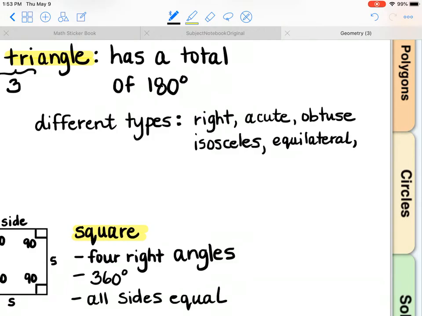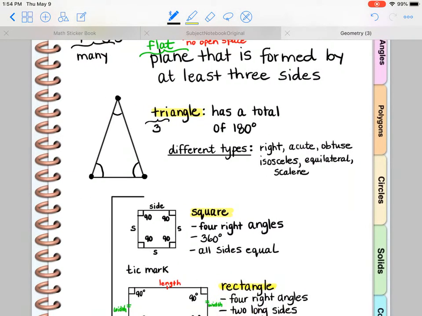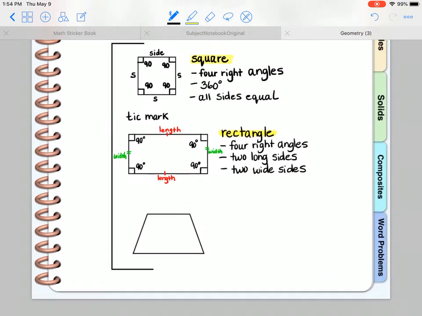And then scalene means that no sides are equal. Again, I'm not going to belabor this point, but I do want you to know that there are different types of triangles. And just in case you hear those words, at least the bottom 3, those are referring to triangles.